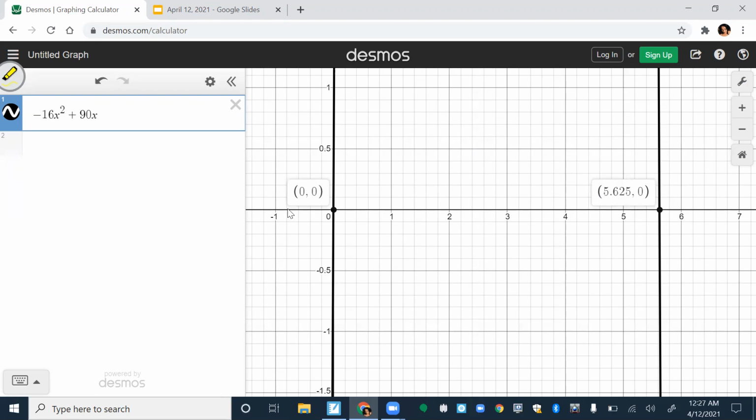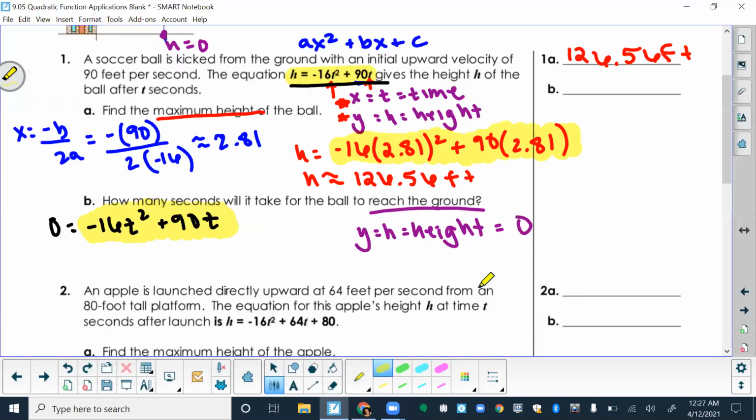So I would go with the one on the right, because the ball is traveling like this, going from (0, 0) at the start to 5.625. So that x value, that t value, is going to be 5.625 seconds.